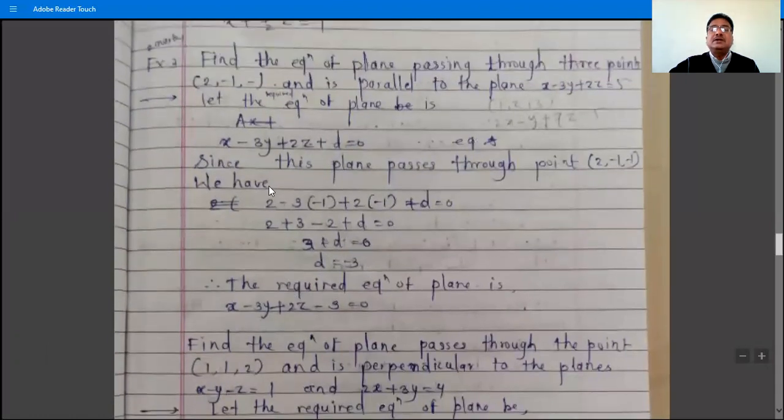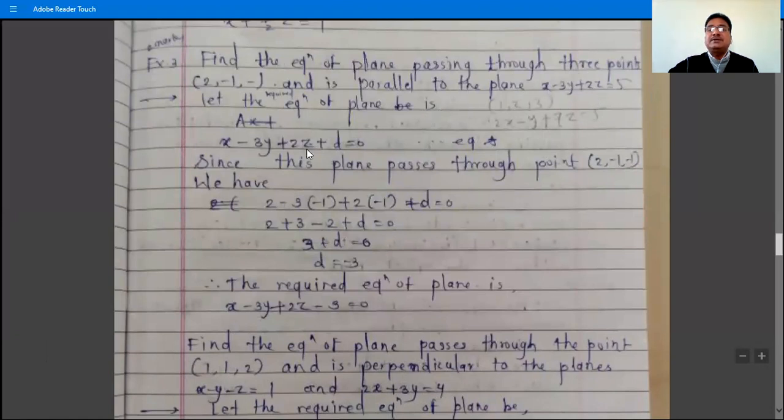So this is the equation of plane passing through a single point, 1 point, and parallel to this plane. If the 2 planes are parallel, then the coefficients of x, y, z are in proportion, or we say are same. So we make use of that remark, that the required plane is parallel to this plane.